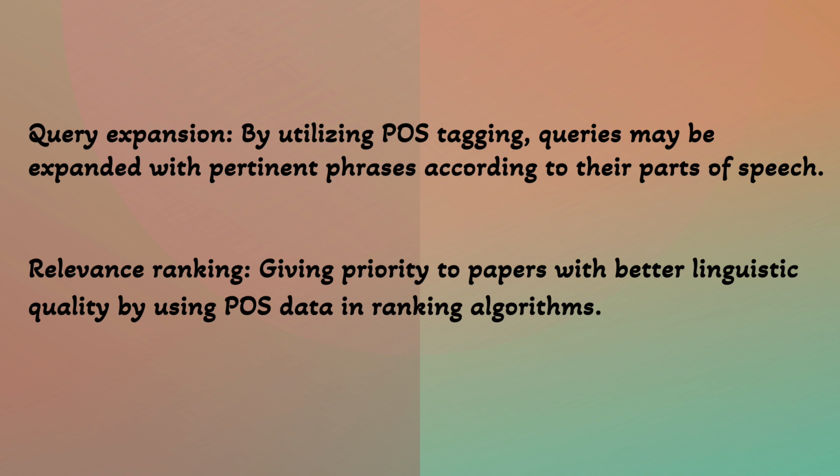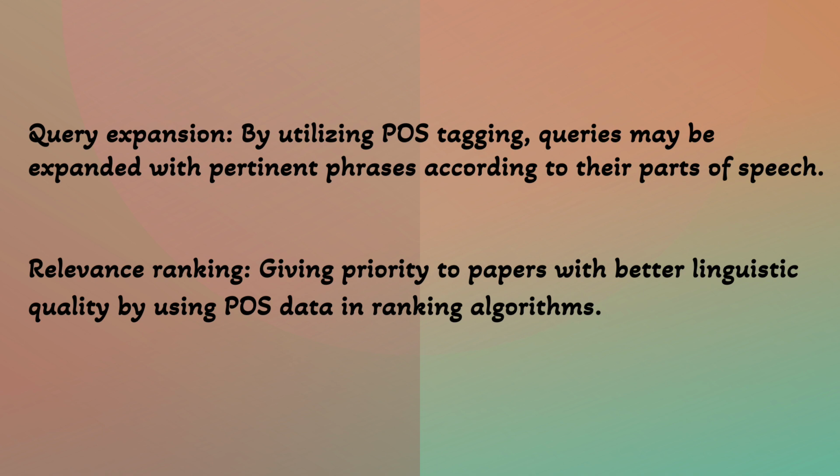And the last one was relevance ranking. Incorporating POS information into relevance ranking algorithms can significantly impact the ranking of search results. Documents that exhibit coherent grammatical structures and employ relevant parts of speech matching the query terms may be ranked higher, indicating their potential relevance to the user's information needs.